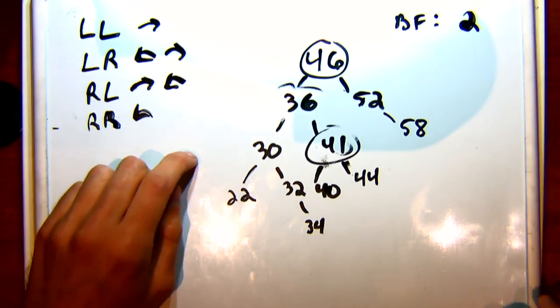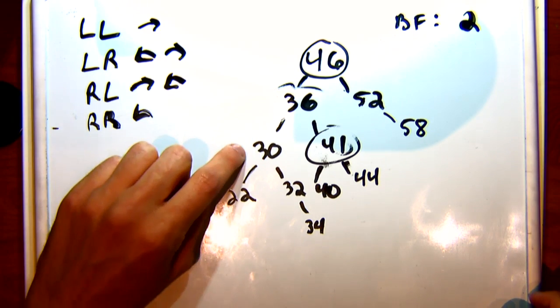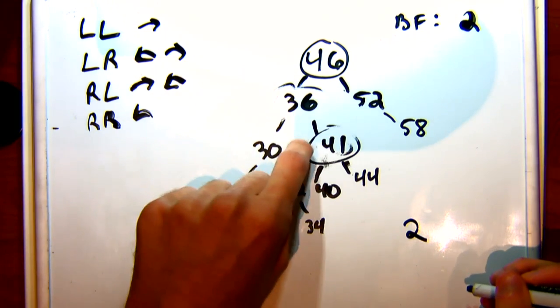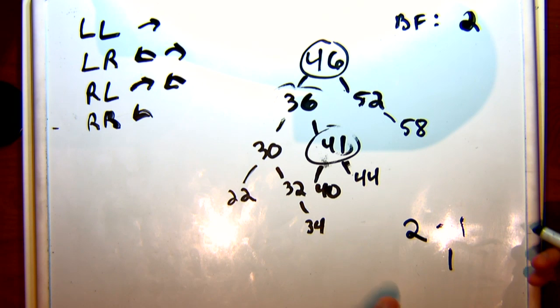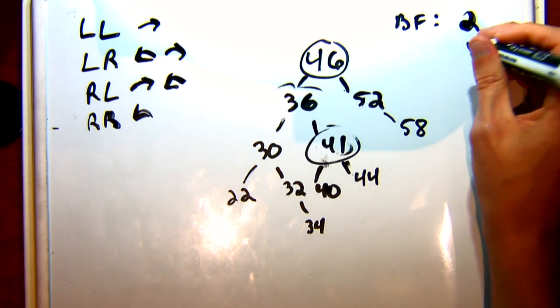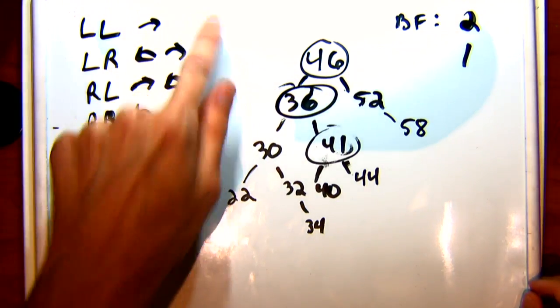And we're going to look at where it's leaning. So 36 is going to have a balance factor of 1. So it's going to be leaning left as well, which means that we need to do a single right rotation, and that should get this balanced.